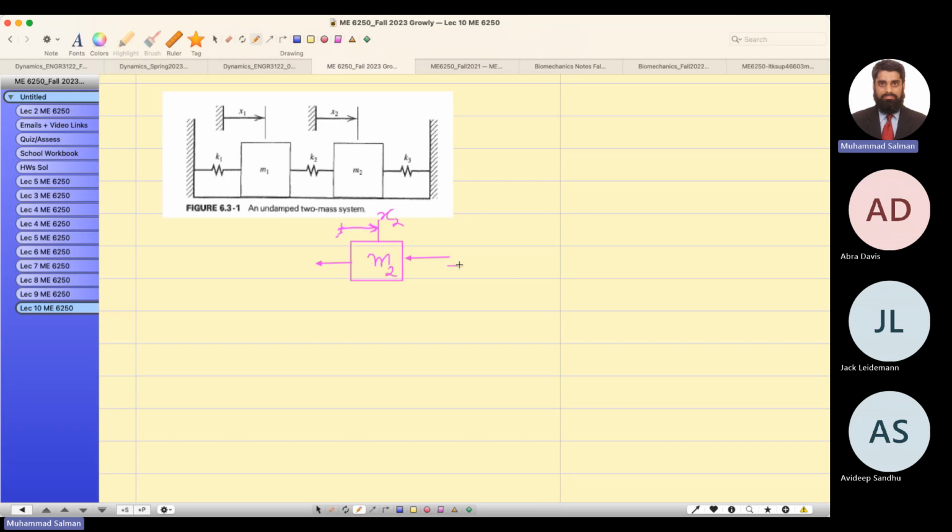Mass m2 moves to the right, and spring k3 brings it to the left, and this spring is also pushing. This also resists the motion. What should I write in parentheses? X2 minus x1, correct?